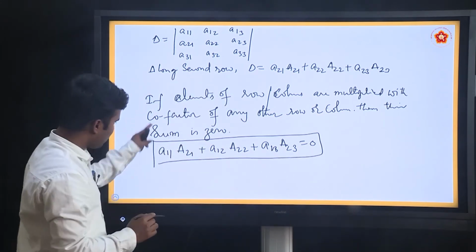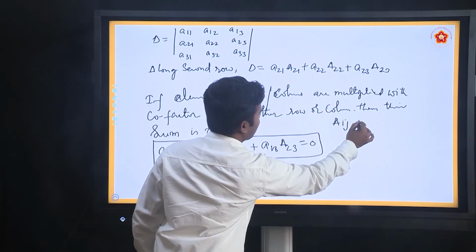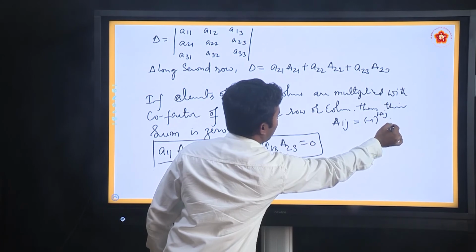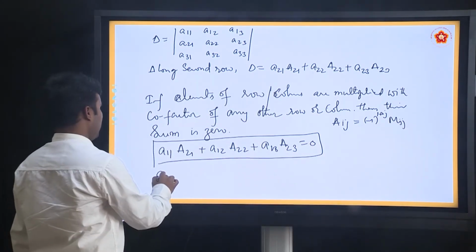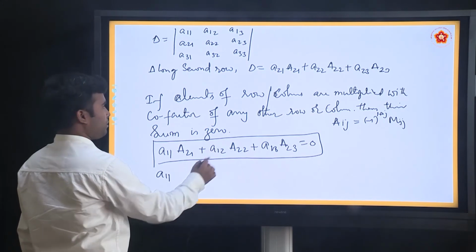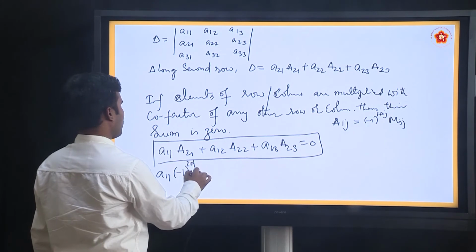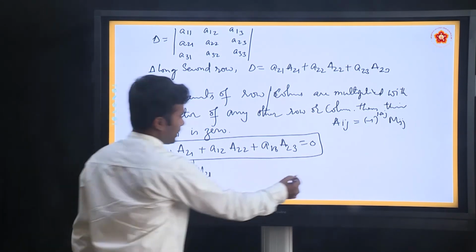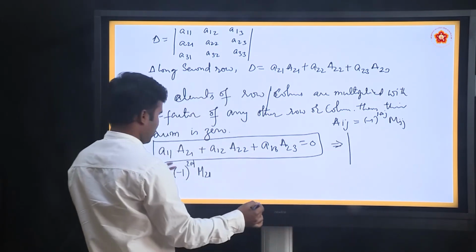You can go back to the relation Cij is equal to minus 1 to the power i plus j into Mij. You can use that relation here: C21 is minus 1 to the power 2 plus 1 into M21. You can expand it, we are reversing the process here.